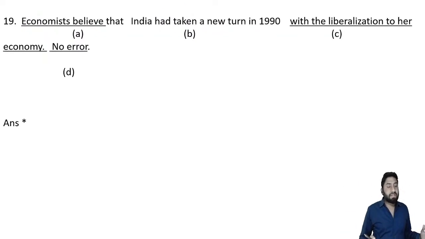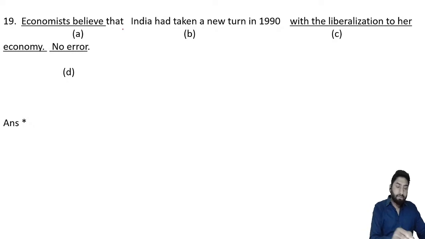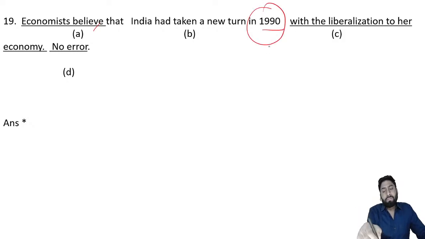Economists believe that India had taken a new turn in 1990 with the liberalization to her economy. So economists believe, यहाँ तो कोई प्रॉब्लम नहीं है, it's fine. Economists plural believe plural that India had taken a new turn in 1990. भाई यहाँ पे बात तो हम पास्ट की कर रहे हैं.